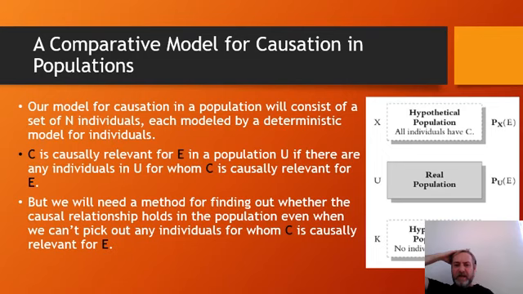So that might seem a little strange, right? Wait, so it'll be causally relevant in this whole population of 100 individuals if there's only one for whom it's causally relevant? Yeah, that's what we're saying. But that's going to be useful later. What we need then is a method for finding out whether there is any individual for whom C is causally relevant, even if we can't necessarily pick that individual out.